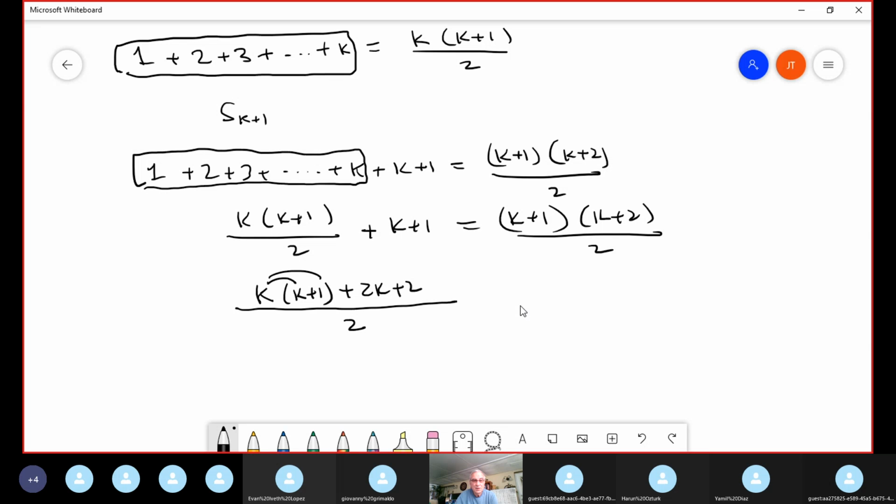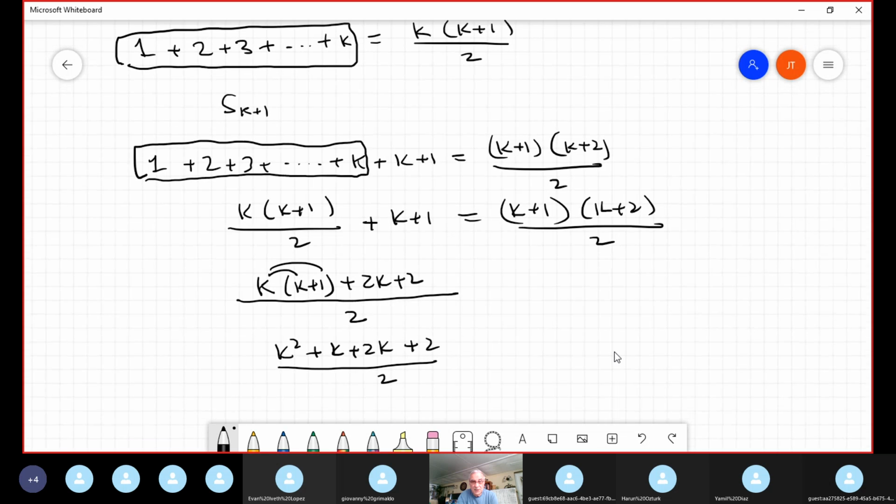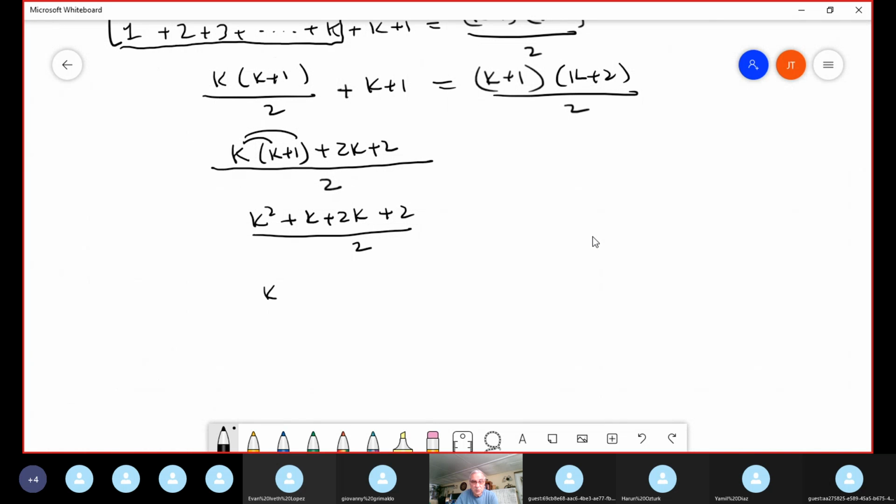Distribute the property maybe: k squared plus k plus 2k plus 2, over 2. Now we have k plus 2k, 3k. K squared plus 3k plus 2 over 2. Okay, I finished the left-hand side.